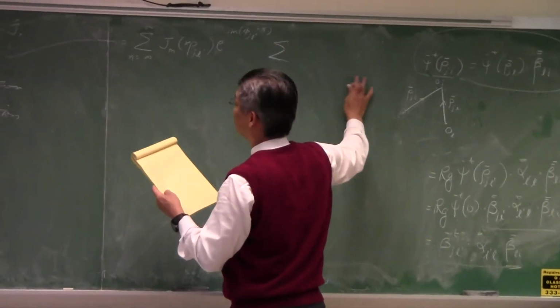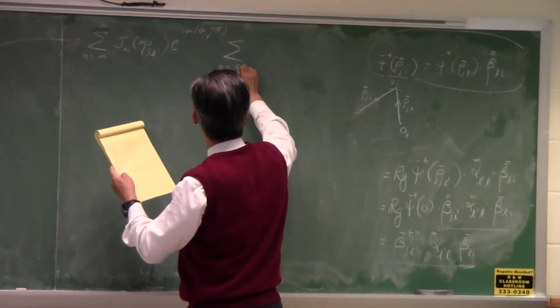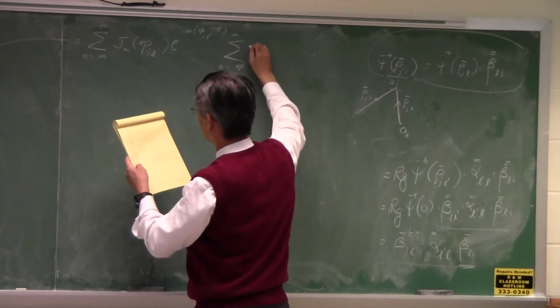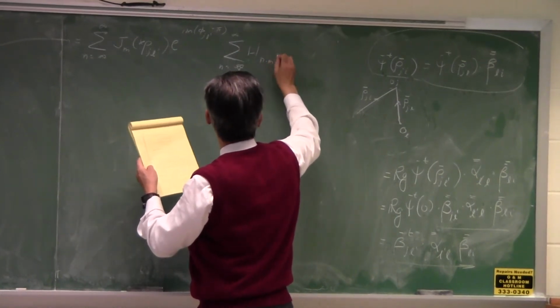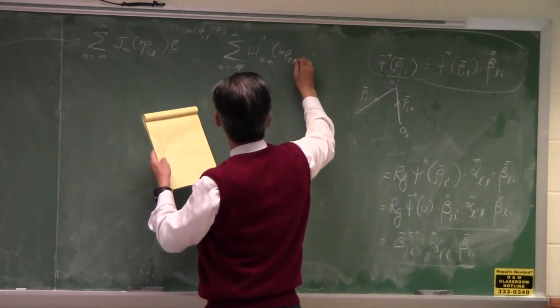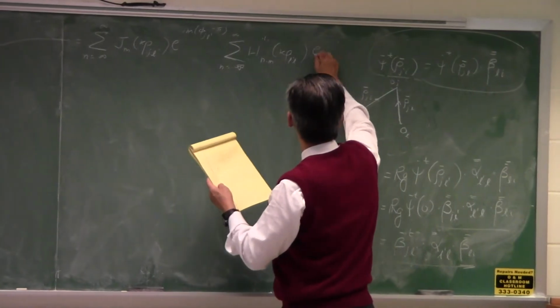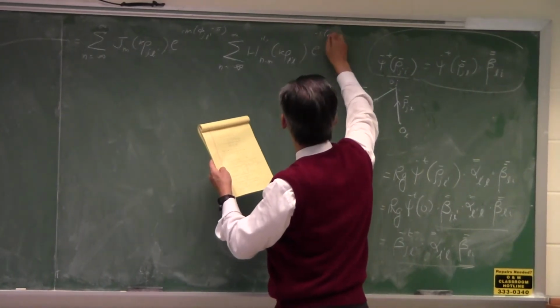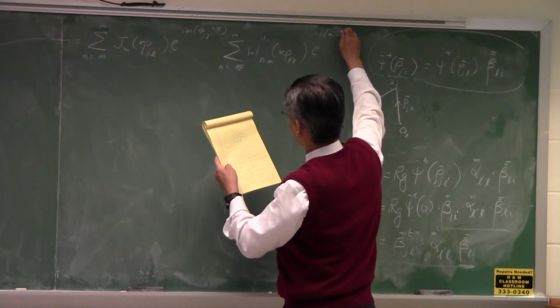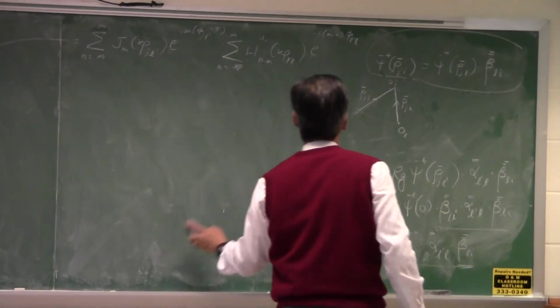If I write out the matrix vector product correctly, it will look something like this, involving Hankel functions, with the correct matrix elements, which you can glean from the translational addition theorem.